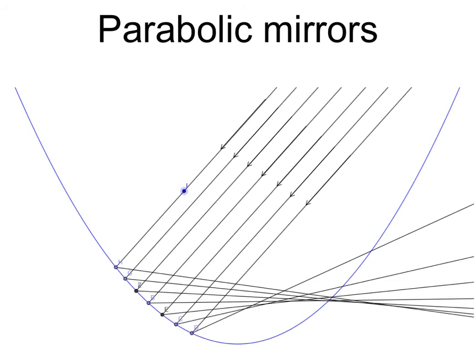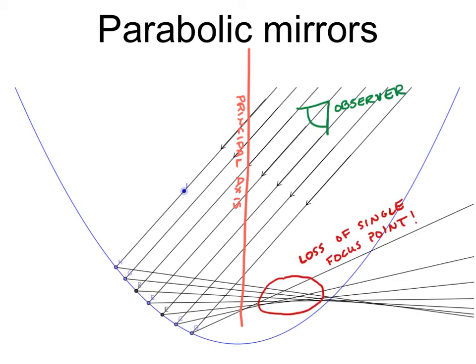So if parabolic mirrors have better focus, why do we even bother with spherical mirrors? Parabolic mirrors have issues of their own. If the observer is not exactly on the principal axis, parabolic mirrors are subject to something called lateral distortion, because the exact focus of the parabola depends on the rays that the observer is seeing being parallel.